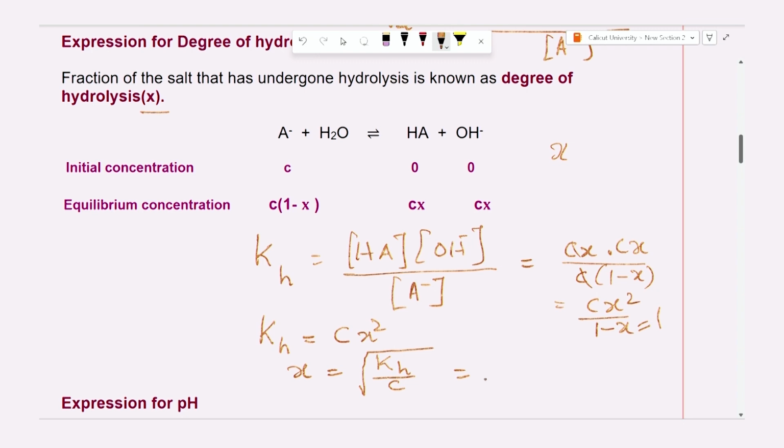We know that this is a salt formed from a weak acid and a strong base, and KH for that is given by the expression KH equal to KW by Ka, and we have a C over here. So, this is the expression for degree of hydrolysis in which the acid is weak and the base is strong.